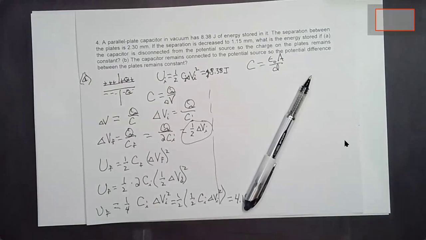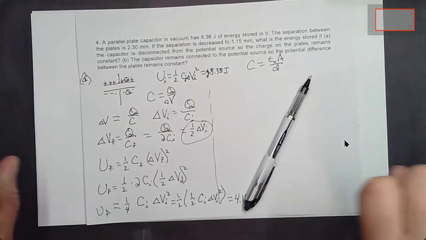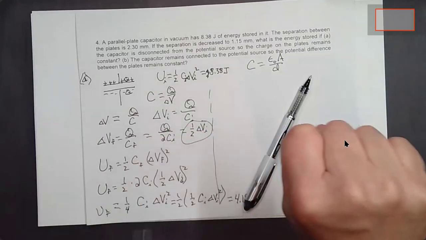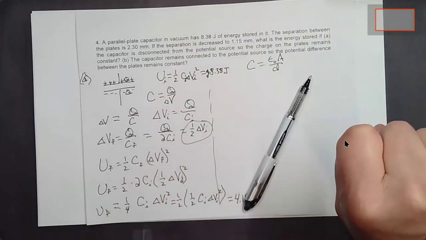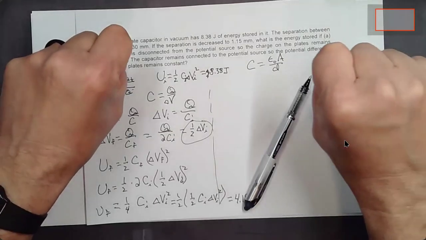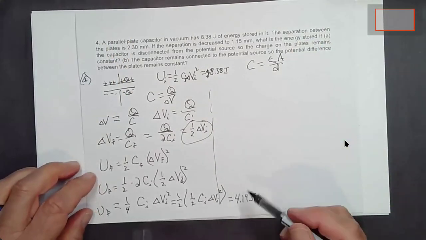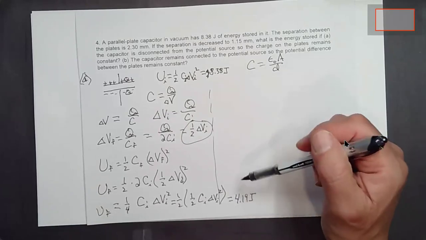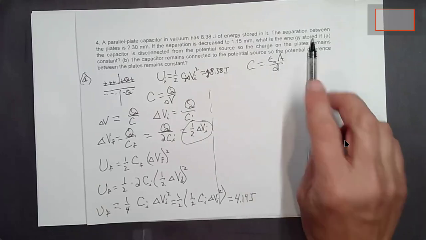And you'd have to be exerting forces like that to keep them from just slapping together. So you'd have to be doing negative work on those two plates as you let them get close together. And that's how the energy between them ends up decreasing.